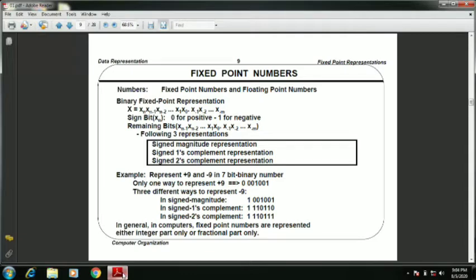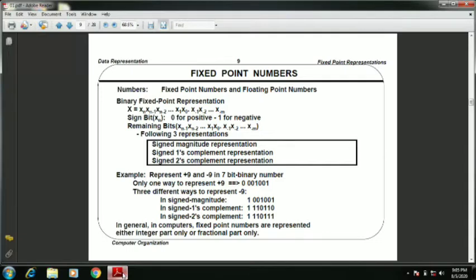All the remaining bits are called magnitude bits. So there are 3 representations under this condition: sign magnitude representation, signed ones complement representation, and signed twos complement representation. So these are all the 3 representations under the fixed point notation.